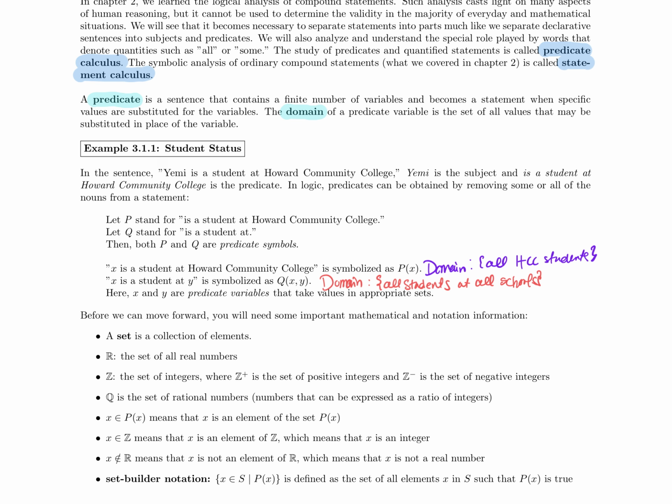So what happens when we take out the nouns and turn them into part of our input is we open up our statement to be much, much broader in scope. In the case that we have here, x and y are both predicate variables that take on values in appropriate sets. Now you'll have to feed in a student and a school into our predicate statement in order to make a statement.